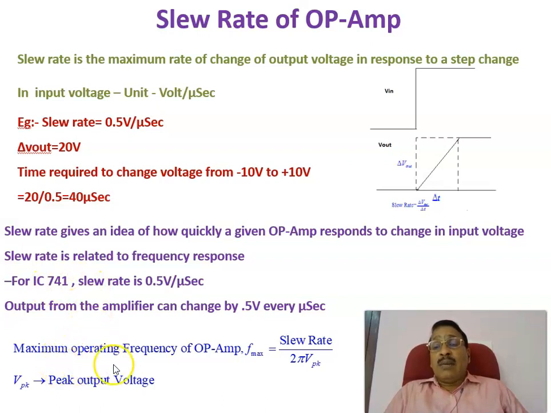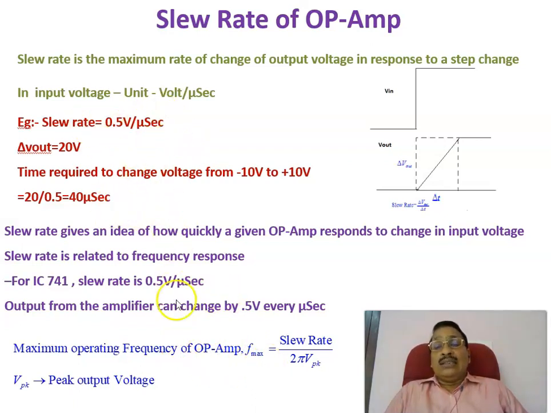The maximum operating frequency of an op amp is a function of the slew rate.